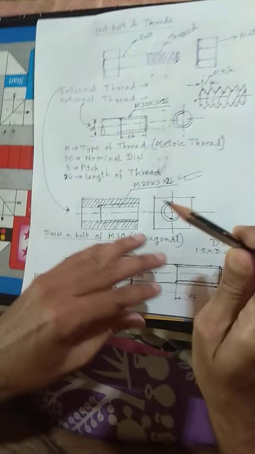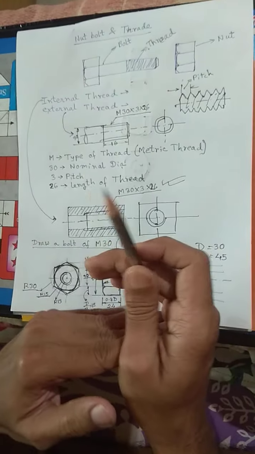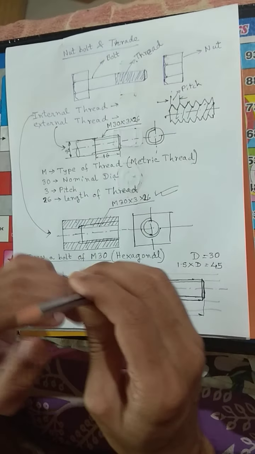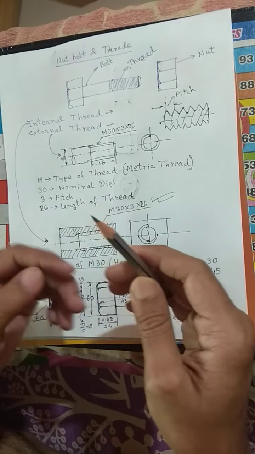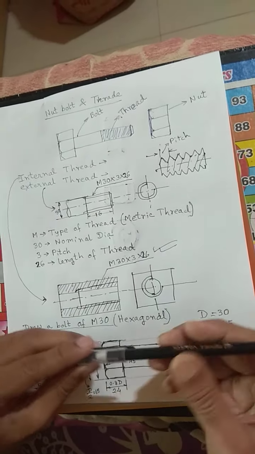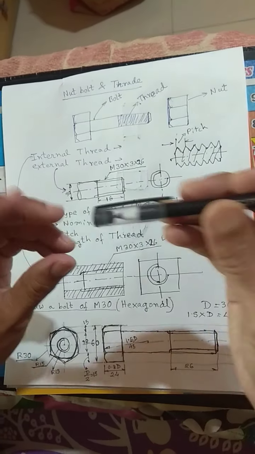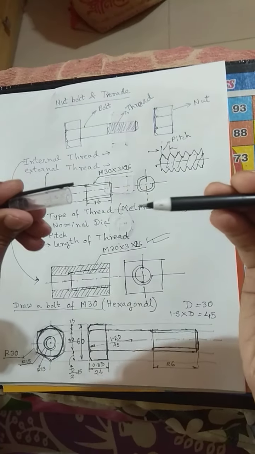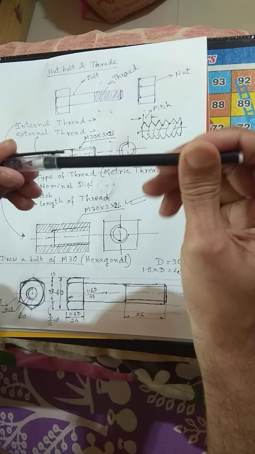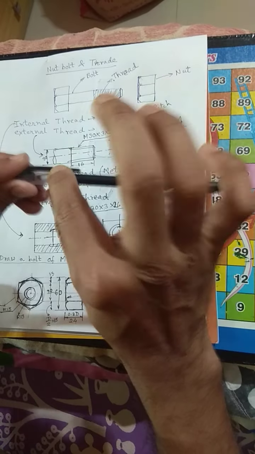What is a thread? We have to know that there are basically two types of thread, internal thread and external thread. What is an internal thread? Look at this. This is a pen. The pen is inserting into the cap on its top.